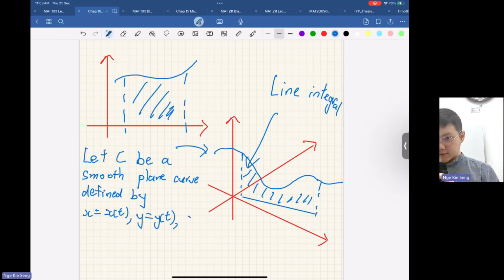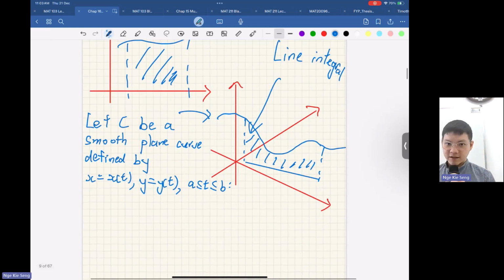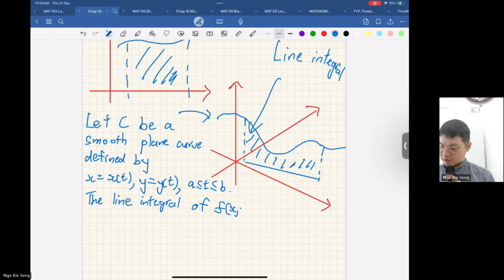Let's say we fix a finite interval. So how do we define this line integral here? The line integral of a function f(x,y) over C. So where is my C?